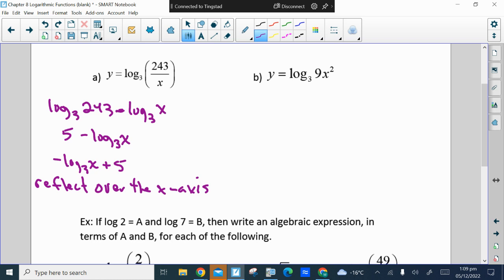And the plus 5 at the end means it's also going to be shifted 5 up. There's been questions like these on diploma exams in the past.